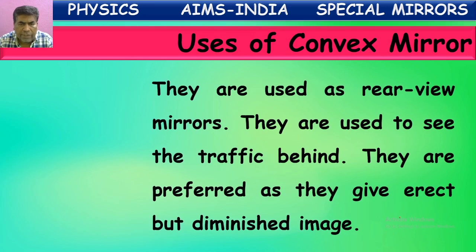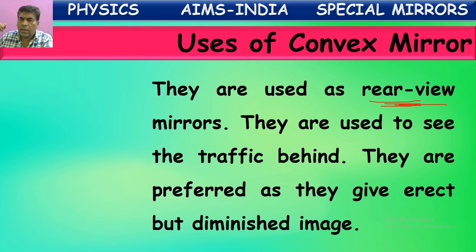So, uses of convex mirror. They are mainly used as rear view mirrors and side view mirrors. If I am going in a car and a big lorry is coming from behind, that lorry's image will appear diminished, a small image.